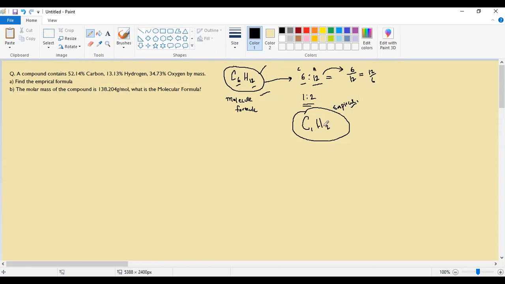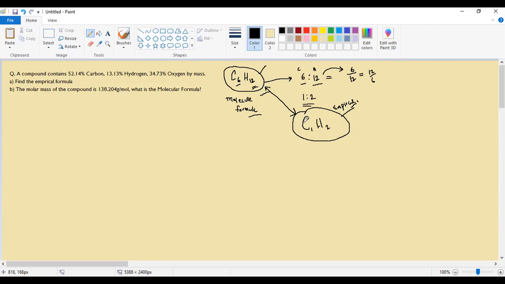Another thing that you want to be able to connect here is that the empirical formula is a reduced form. The molecular formula is not a reduced form. It's an unsimplified form of their ratios. But one connection here is that the molecular formula will always be a multiple of the empirical formula.